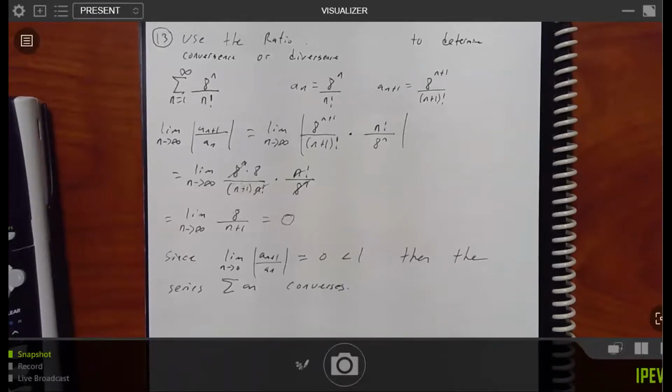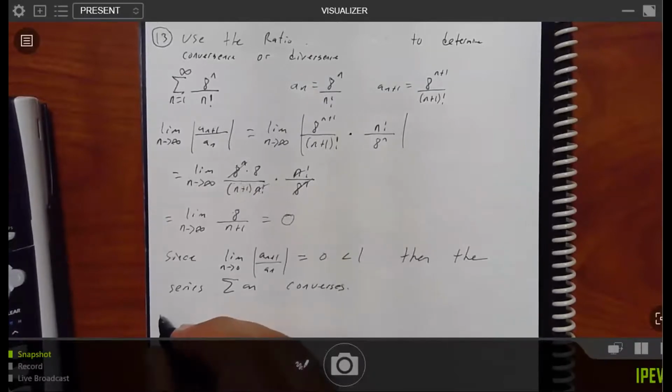For the next one, you have to figure out which one grows faster.